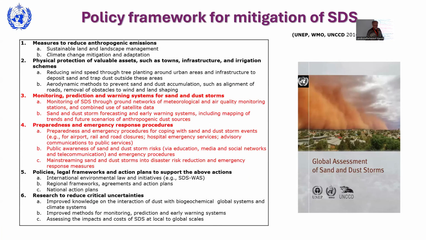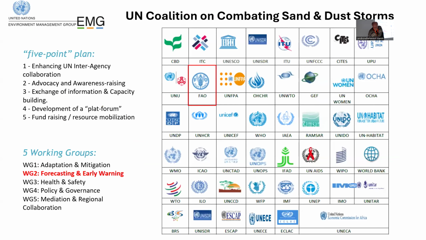And as in this global assessment for sand and dust storm report, which we arranged together with UNEP and UNCCD, many topics were moved to mitigation of sources, what to do and how to make the situation better in future, and linked to policy issues.